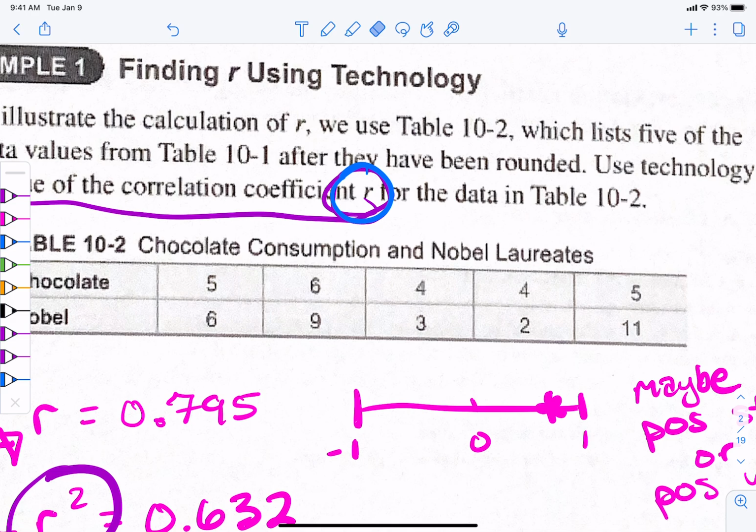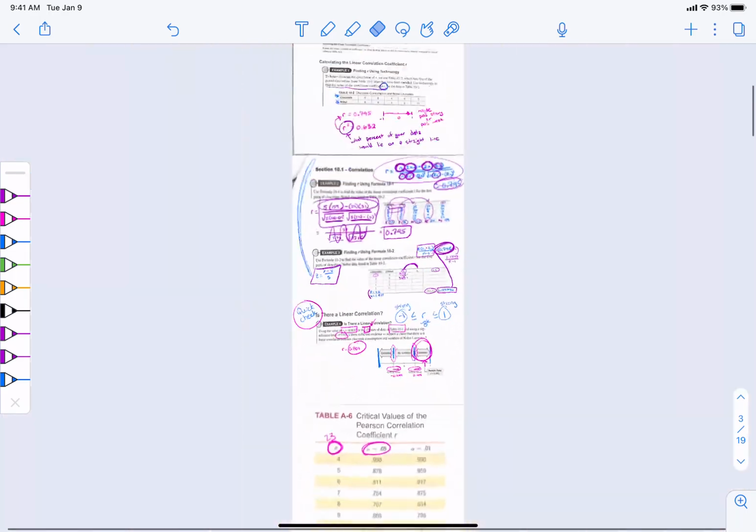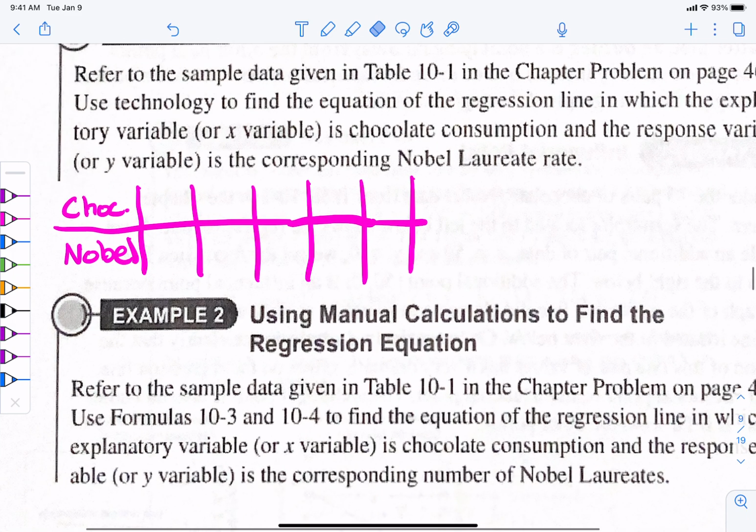Nobel Prize winners is 693211. Write that down and then give them back to me.